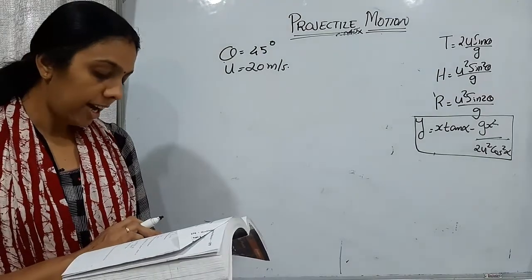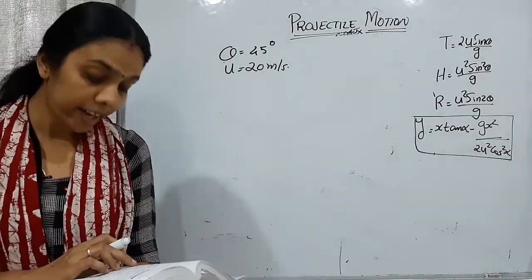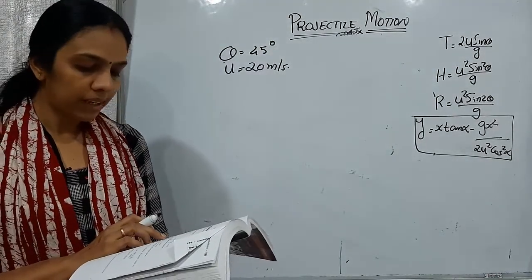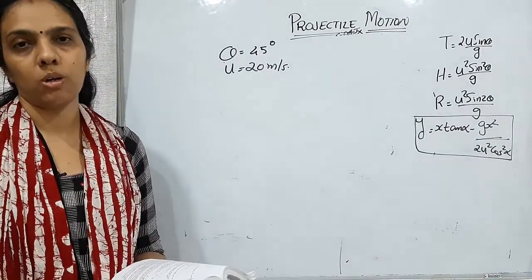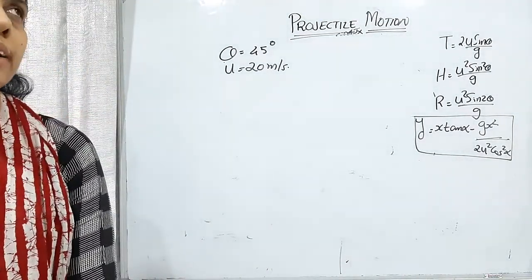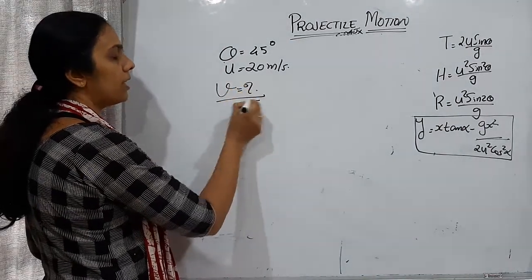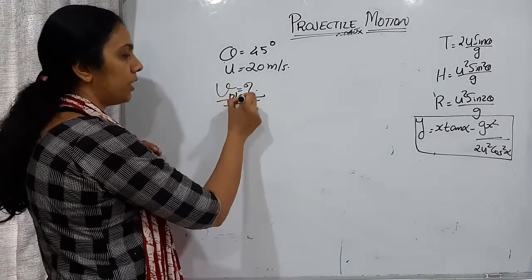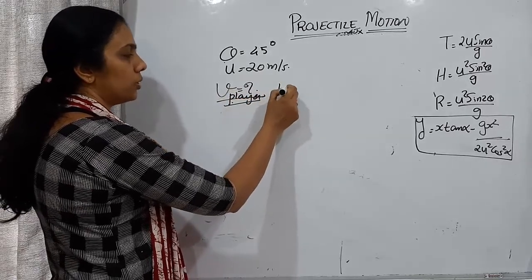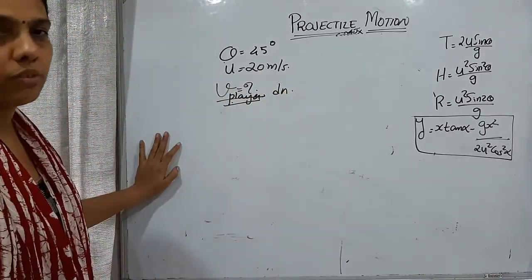Only the distance is asked. So here, at what speed and in what direction must the player run to catch the ball? We need to find out the speed of the player, the magnitude and direction.